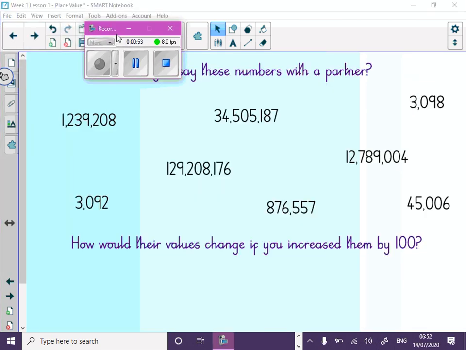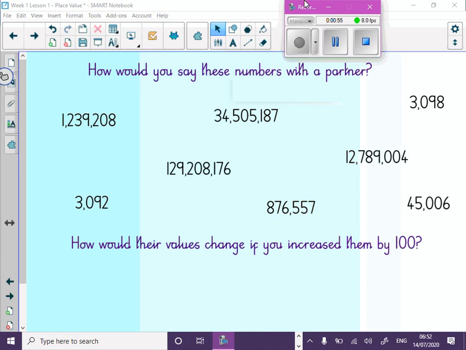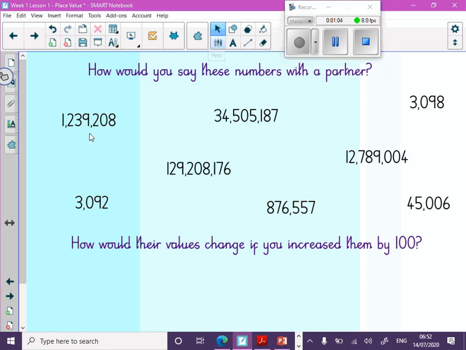So, to begin with, I want you to just have a look at the numbers that are on the board. How would you say these numbers? So if we have a look at this first one here, I can see I've got my ones, tens, hundreds, thousands, 10,000s, 100,000s, which makes this digit here a million.